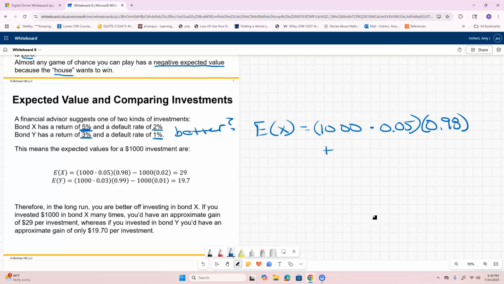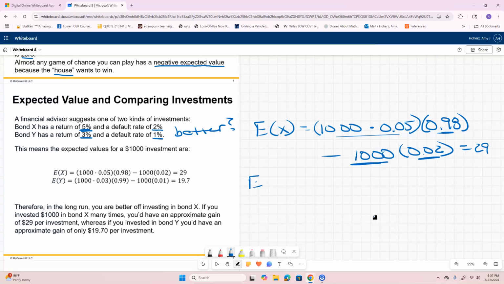And that's because the other 2%, remember we had a 2% default rate, you're going to, hold on, got the wrong sign here, you're going to lose your $1,000. So 98% of the time, you're going to get 5% off your investment. But 2% of the time, you're going to lose your entire investment. And so if we calculate that out, that comes out to be 29.